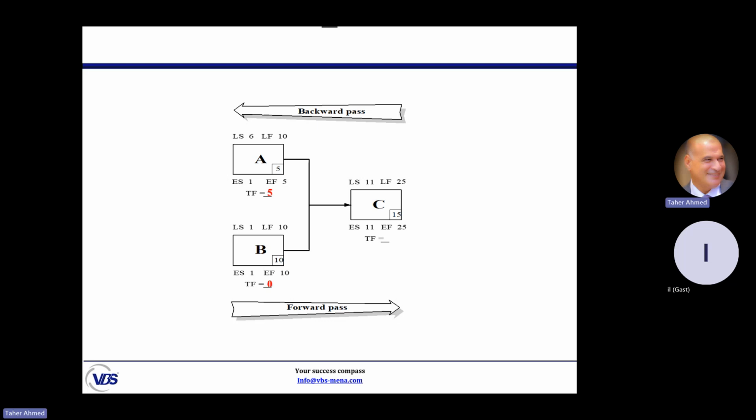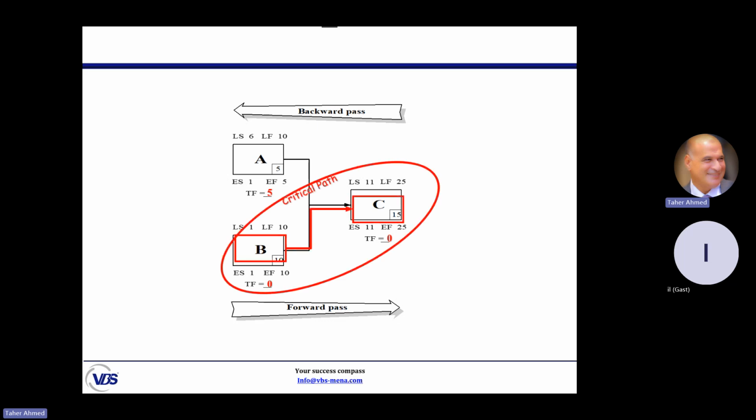And for C? 0. Great. We have 2 activities with total float 0, and 1 activity with total float 5. Total float 5 means that it has time to delay without delaying the whole project. The critical activities are B and C. So the critical path is B and C.